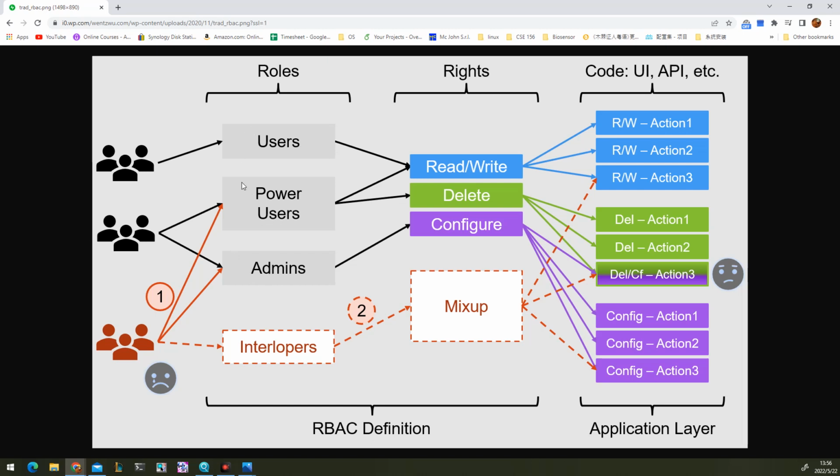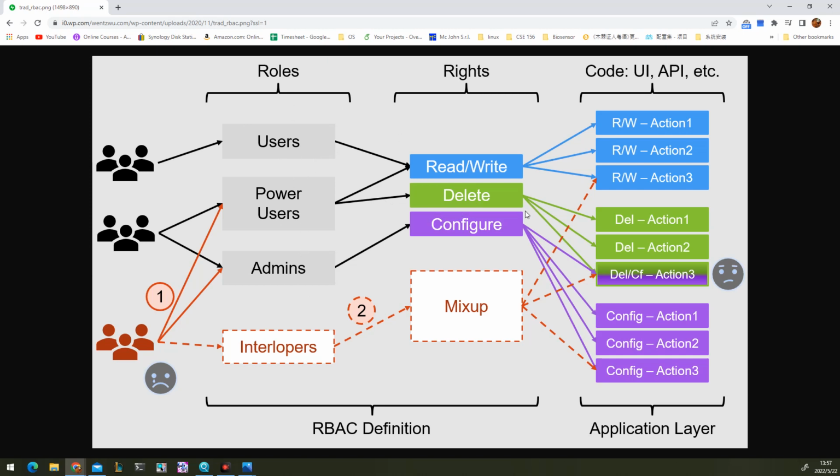So they have different levels. And then we assign rights to the different level users, like read and write, or delete, and configuration. So these rights can be assigned to the different users. A user has a role. You can separate users into different levels.